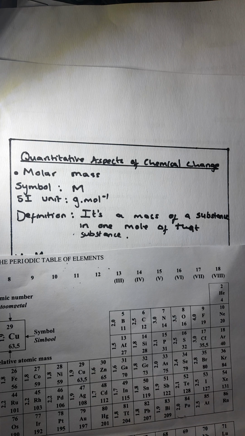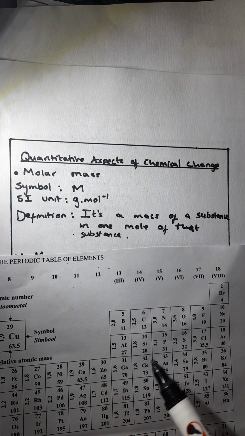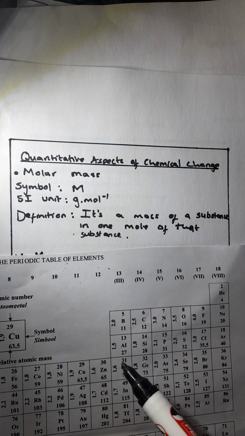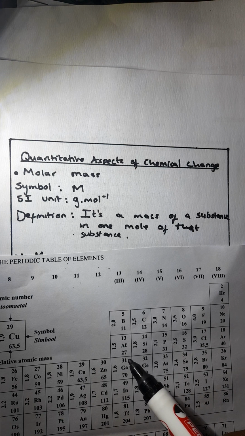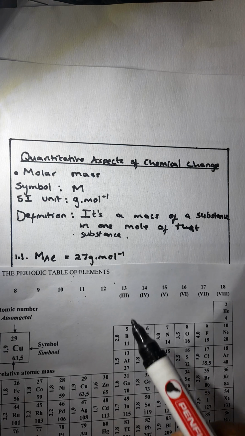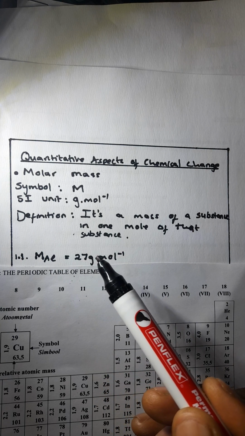Now, the first example that we chose is aluminium. Aluminium is atomic number 13, and the molar mass for aluminium is 27 grams per mole. What is the molar mass for aluminium? It is 27 grams per mole.